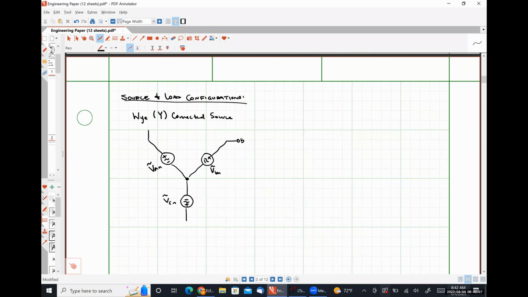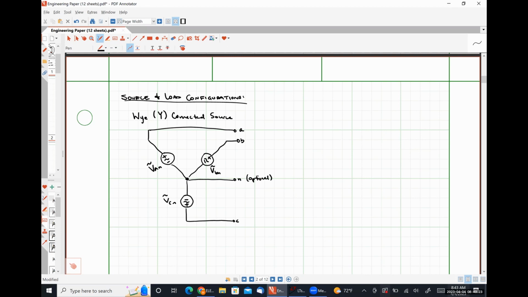So this is going to be our B terminal. Up here is going to be our A terminal. Down here will be our C terminal. And we will also have access to some neutral terminal.